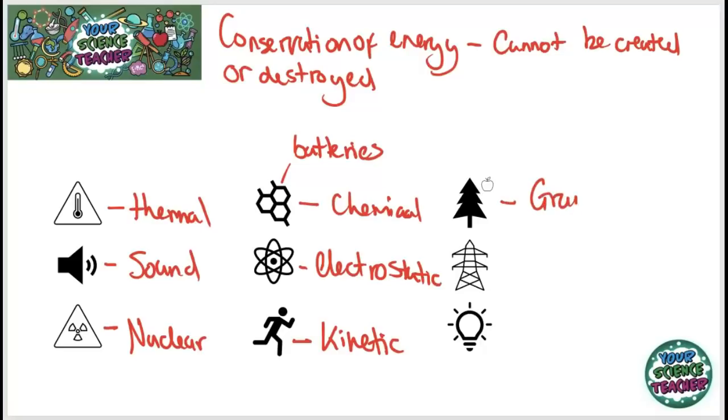Gravitational energy is due to an object's position in a gravitational field. The higher up an object, the more work is being done against gravity. So this is gravitational energy. Just think about it. If you lift up an object and then you drop it, it falls down to the earth. Underneath that, I have electrical energy.